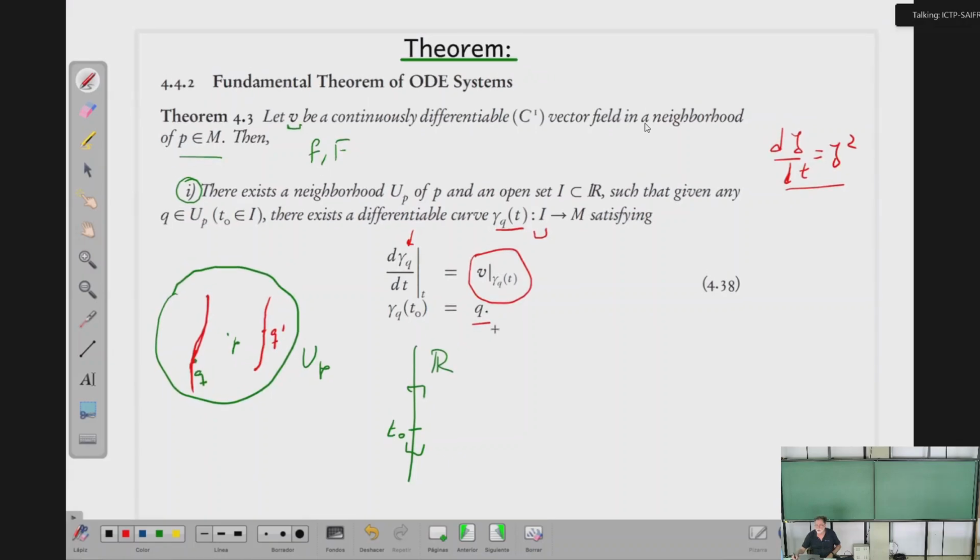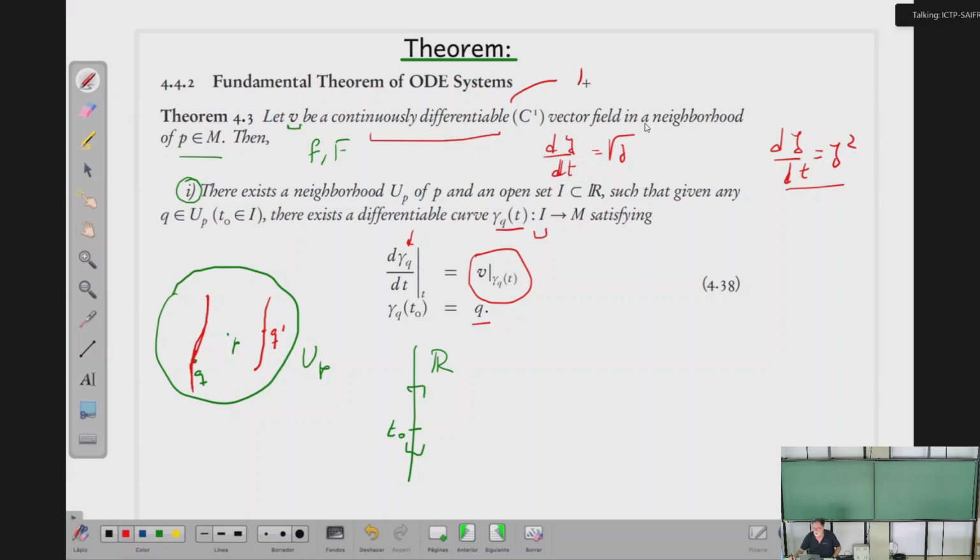And we are requiring this continuous differentiability because of uniqueness. Remember that this example had many solutions around t equal to 0. So that's why here we are requiring more than needed.